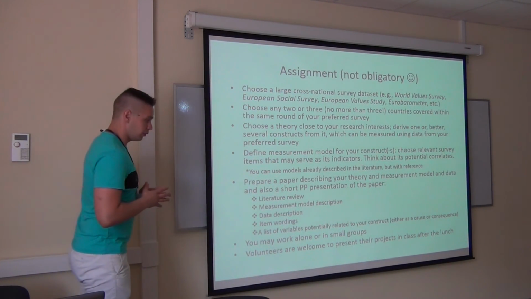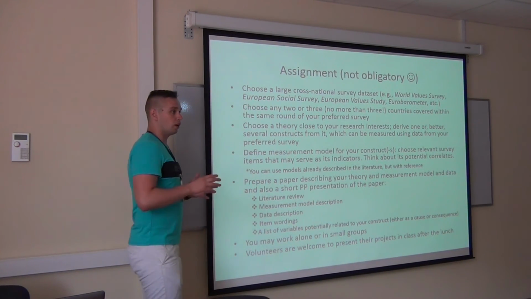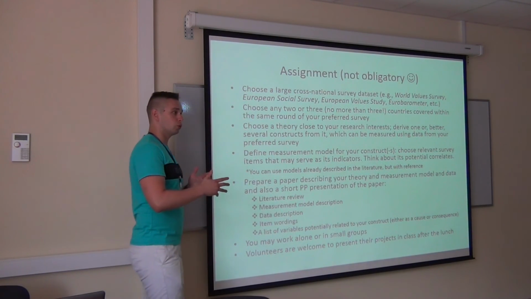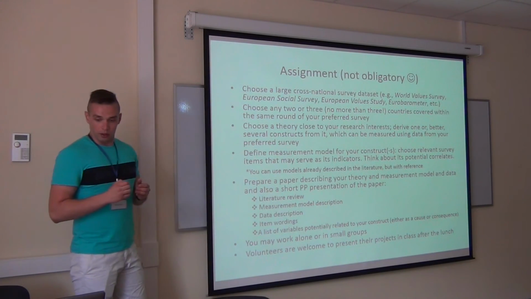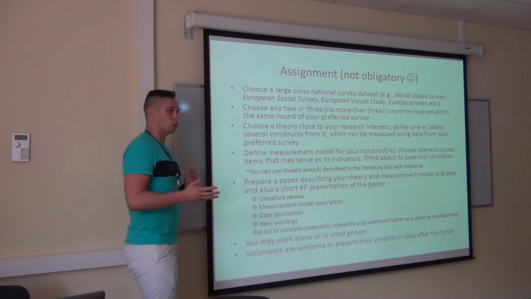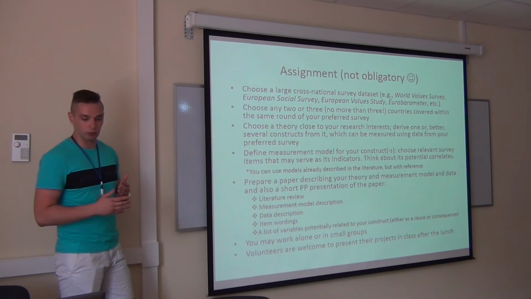Then, define a measurement model to these latent variables. I mean, select several indicators that can be used to measure these latent variables. And please prepare a short presentation which will cover the following components of your project.